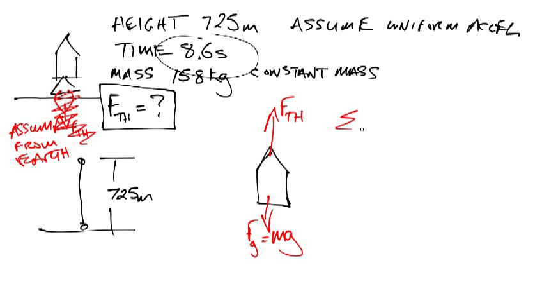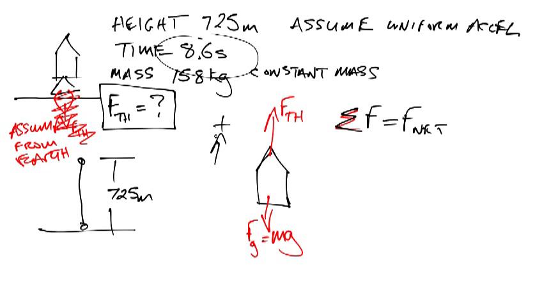So let's now do the sum of the forces. Let's do this in black. Sum of the forces is equal to F net. Now I'm going to take up as being positive. You don't have to. It's not mandatory, but it is convenient. After all, it will give us a positive for our height.